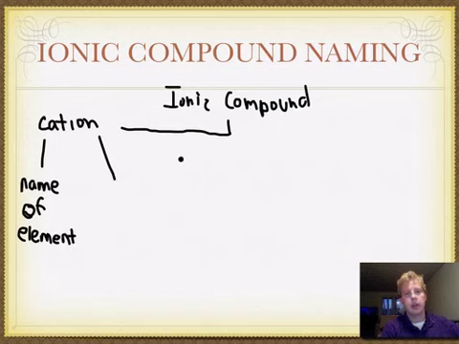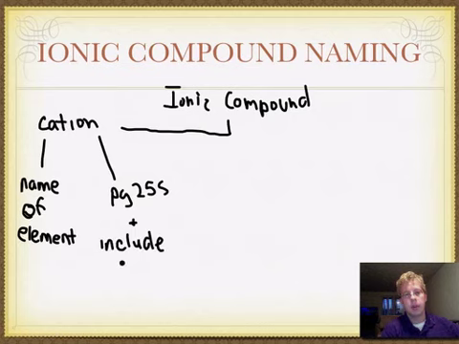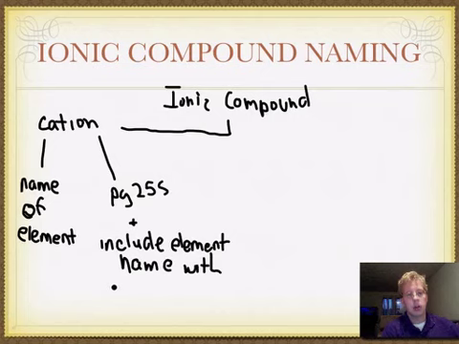If it is one of the transition metals, or the chart from page 255, you need to look at page 255 and include the element name with Roman numerals.